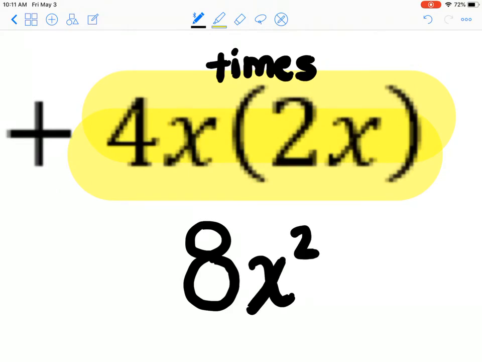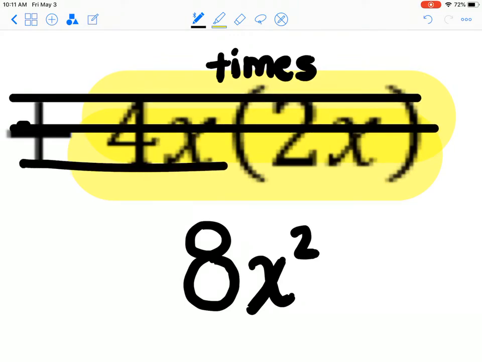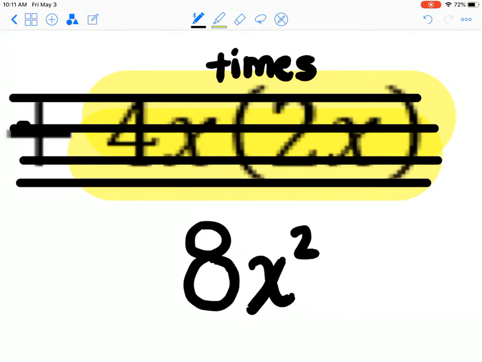There are 2 of them. So 4x times 2x is 8x to the second power. And then I want you to mentally cross this off. Once you have simplified it, it's gone. We're now looking at just the 8x to the second. Okay, step 1 is done.